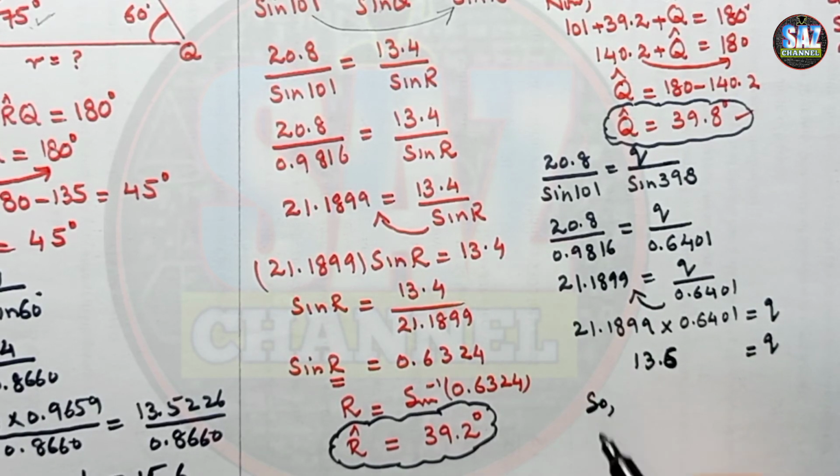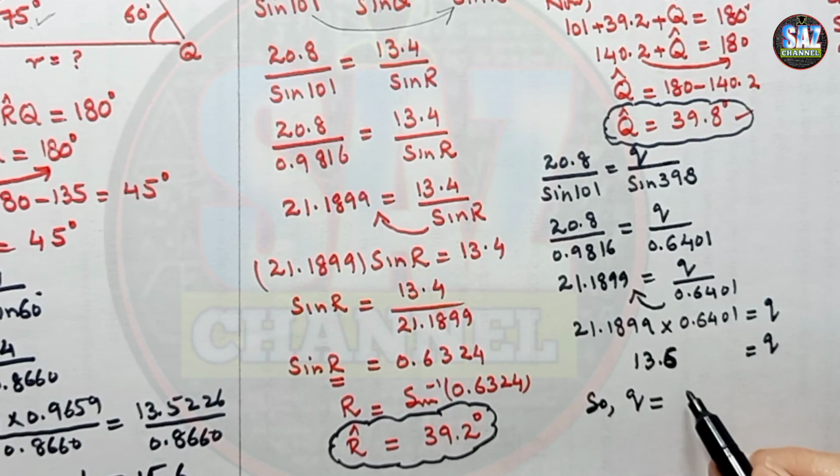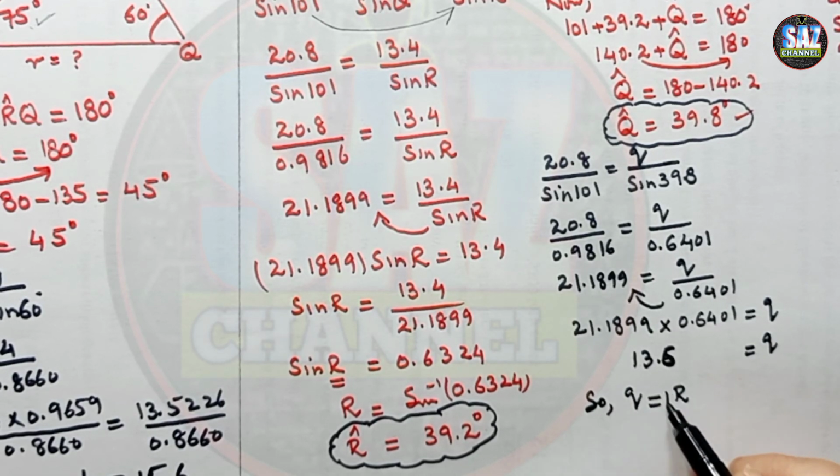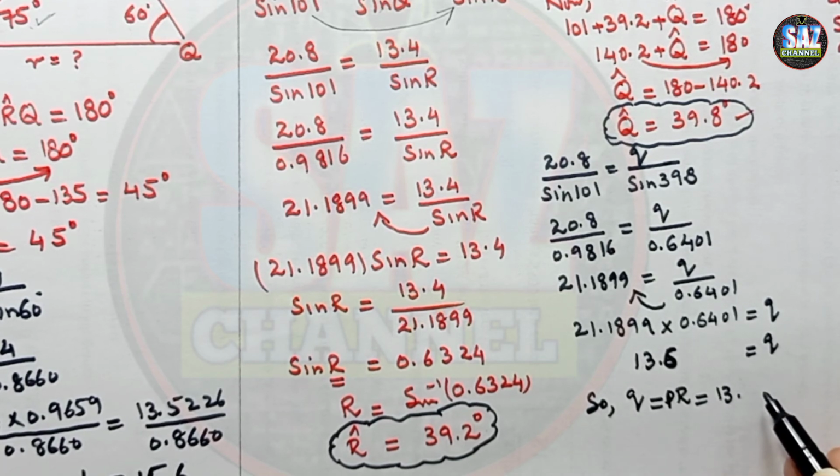So the requirement of the question, q equals PR, is 13.6, and the lengths are in centimeters, so 13.6 centimeters.